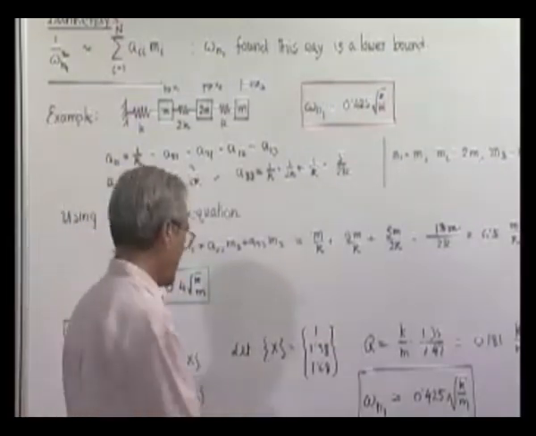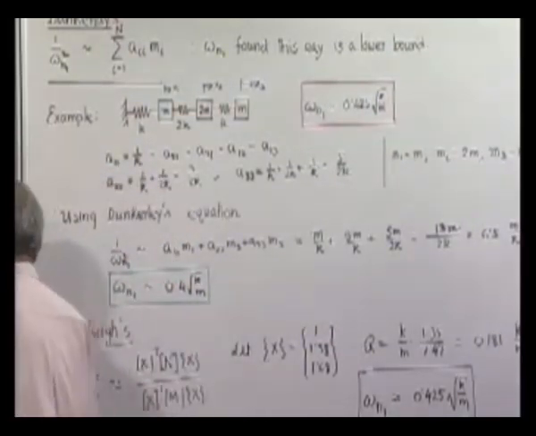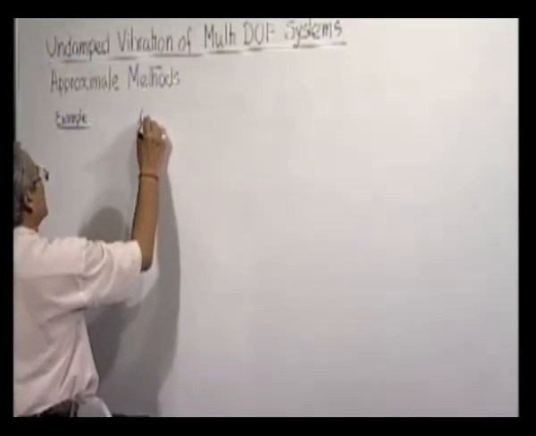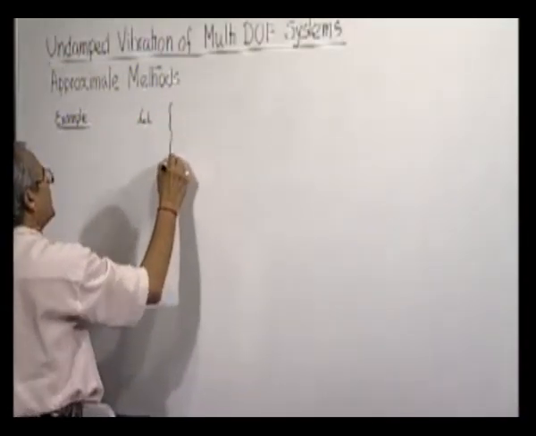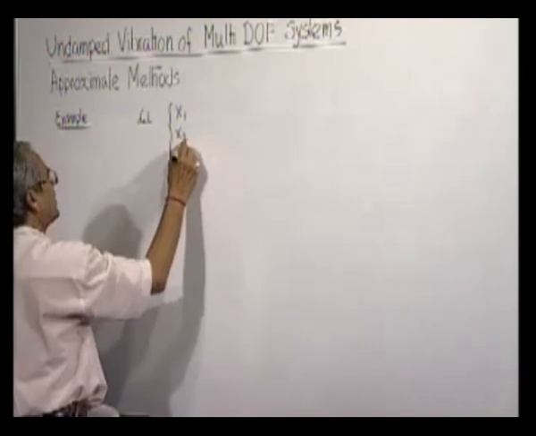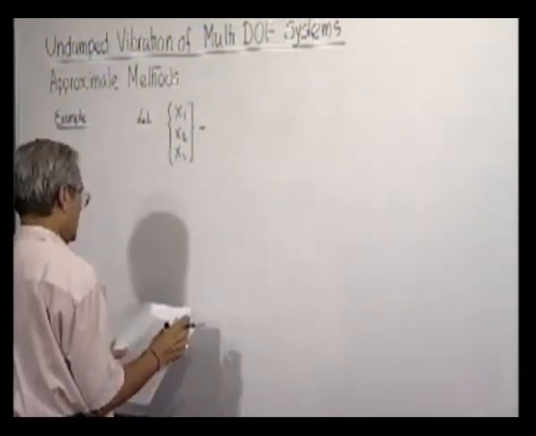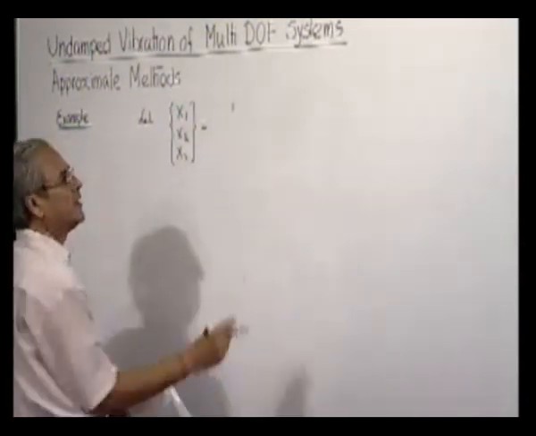So if I now say, let us have some quick method of finding this. Even for finding the gravitational pull, we had to do some calculation. But even just by observation, let us say x1, x2, x3 be, say, 1.